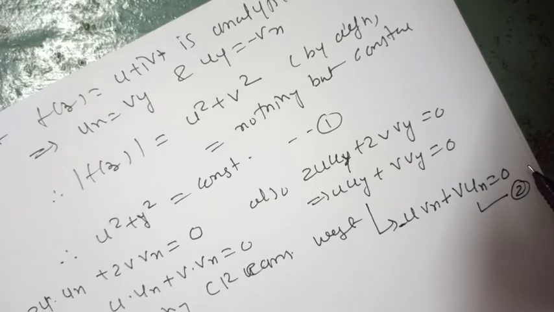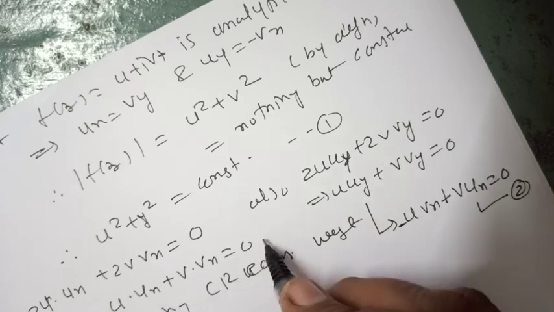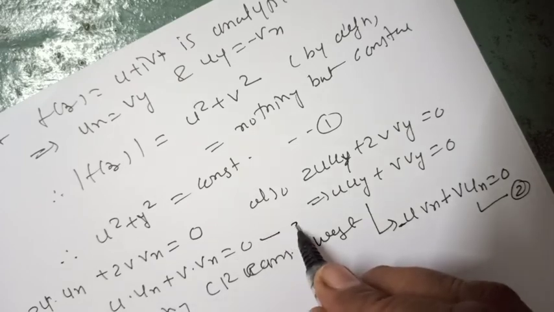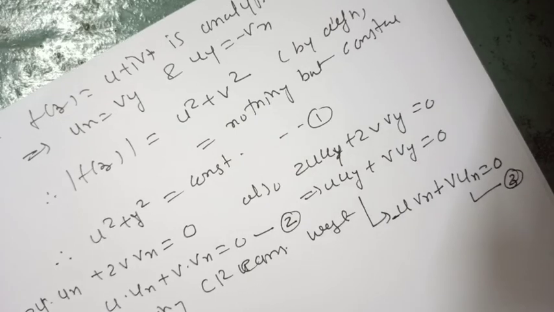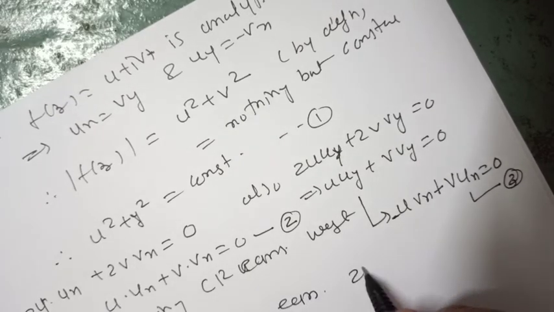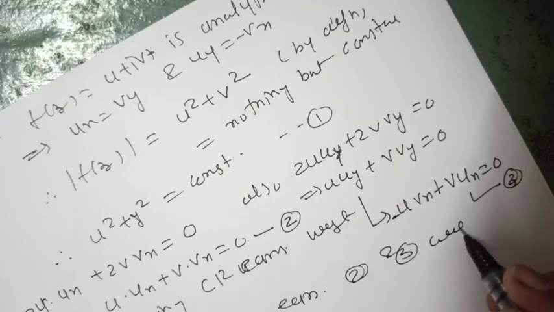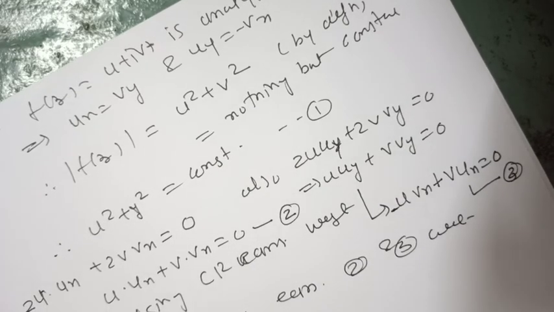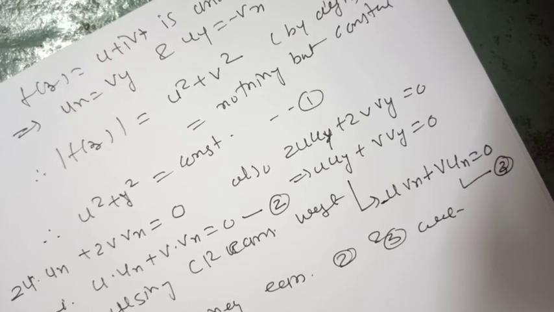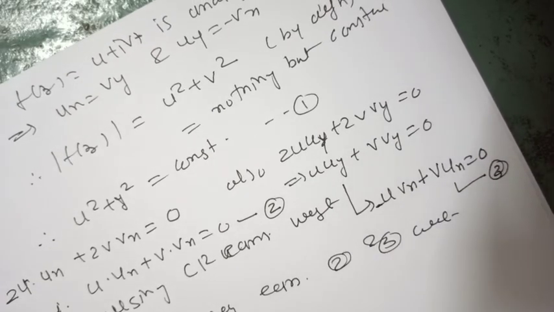Solving equations 2 and 3, that is u ux plus v vx equals 0 and minus u vx plus v ux equals 0.